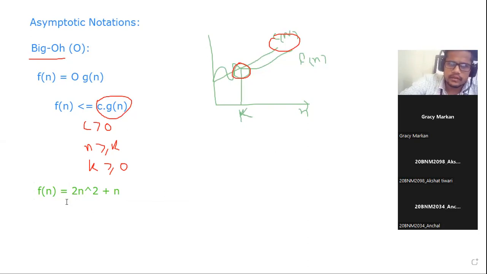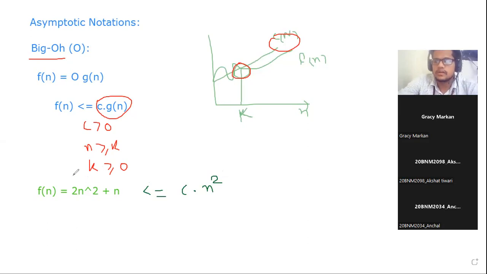Here, we check if this function is less than or equal to C dot n square. What is the complexity of this equation? n square.